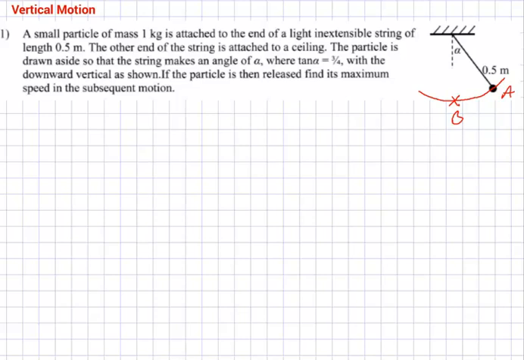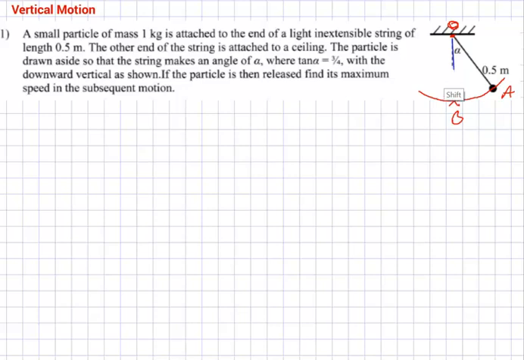What can we understand? Well, we need to appreciate the system here. If we call the fixture at the top point O, then OB and OA are both a half, so the distance from O to B is a half.